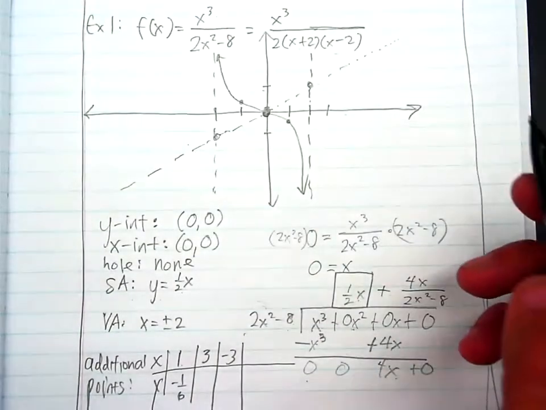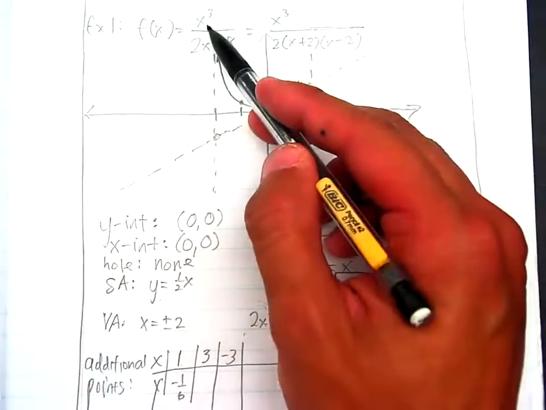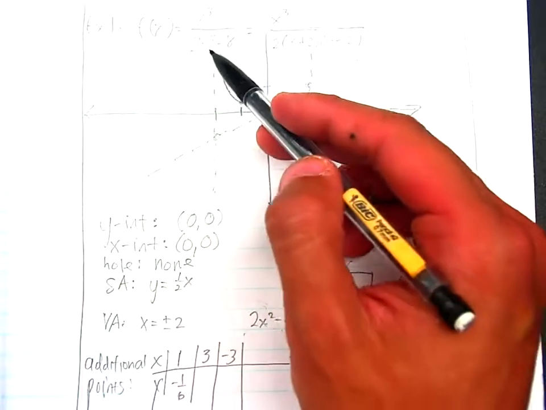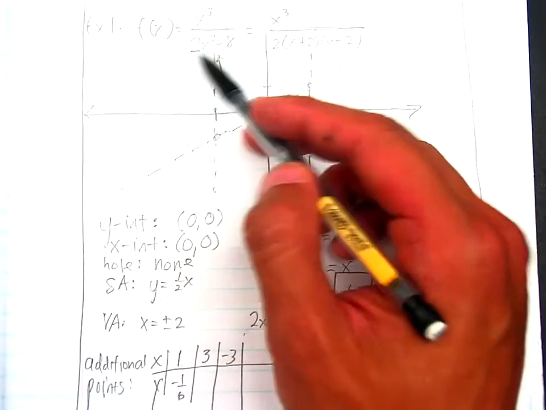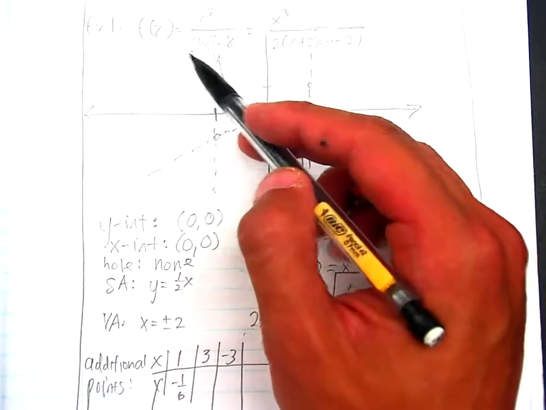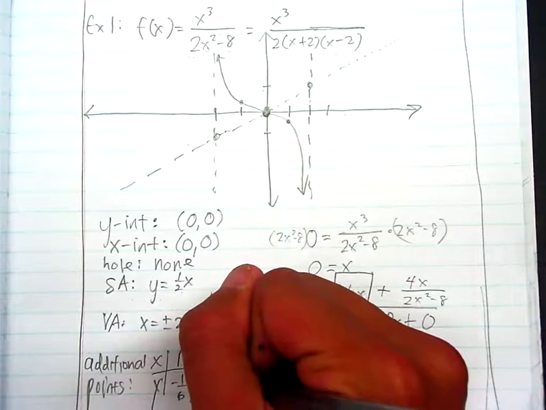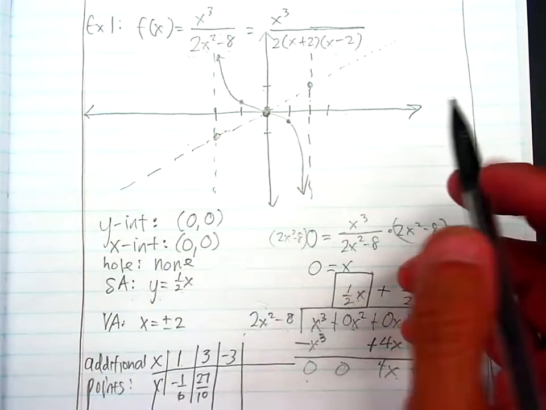All right, let's graph 3. If I graph 3, I will have 27 over, this will be 9. 3 squared is 9, 9 times 2 is 18, 18 minus 8 is 10. So it'll be 27 over 10, which is roughly 2.7.